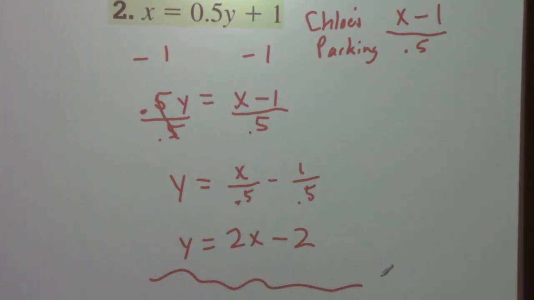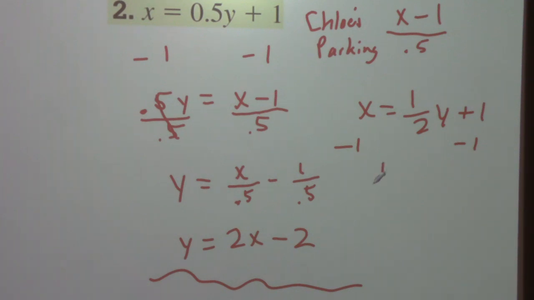Okay, I want to explain something you could have done, and I'm just going to do this on the side over here. What happens if we recognize that this is 1/2? We could write this as 1/2 y plus 1, and then we subtract, and then multiply by the reciprocal, by 2, yeah.